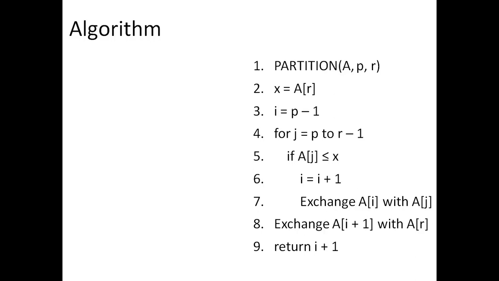On the other hand, if A[J] is less than or equal to A[R], we are talking about line 5 here, because A[R] is equal to X and nothing else in this code, then we have to increase the value of I by 1, and then we have to swap the elements A[I] and A[J].